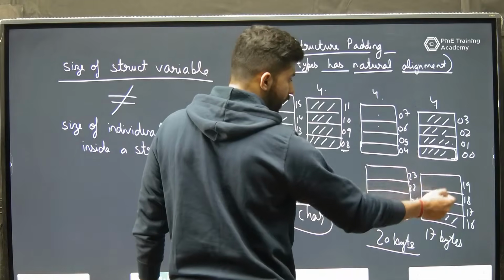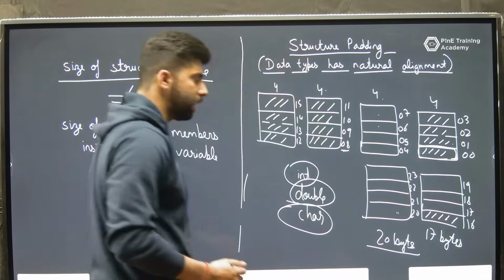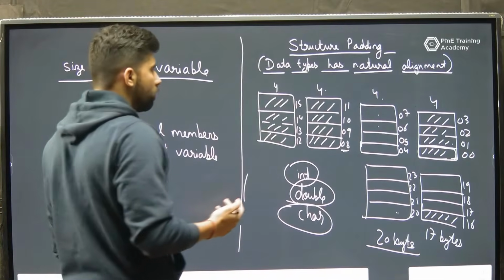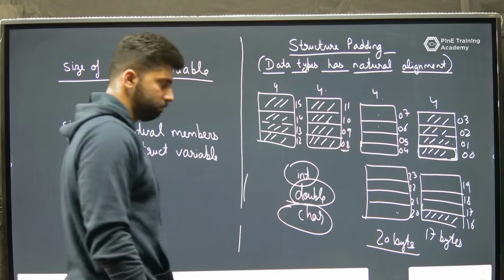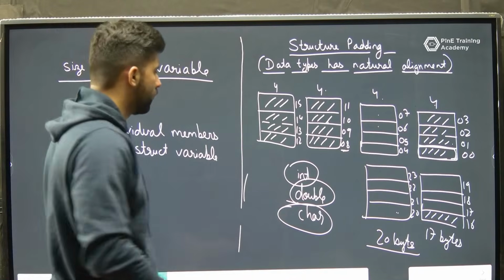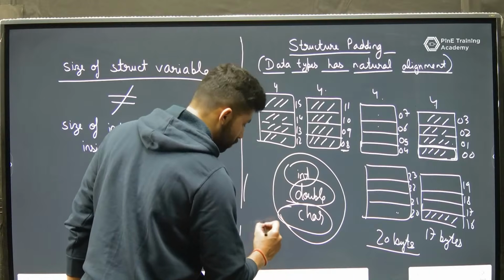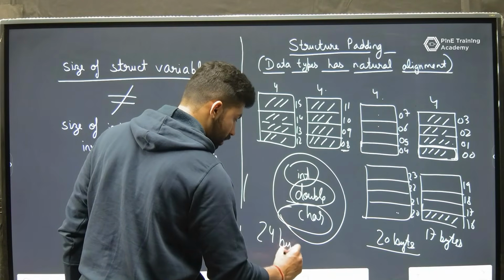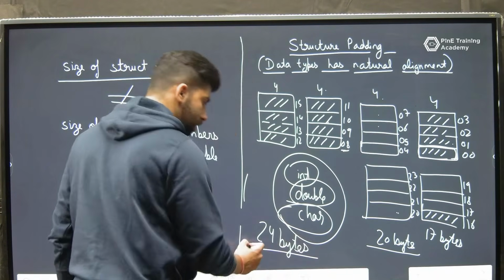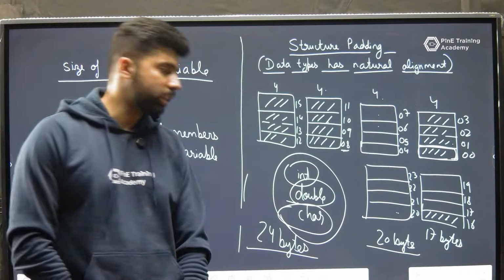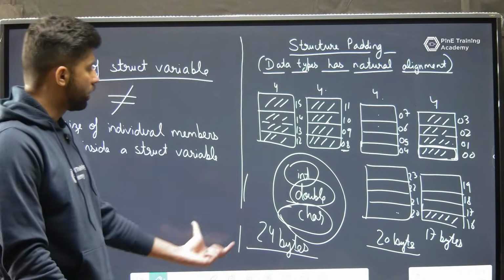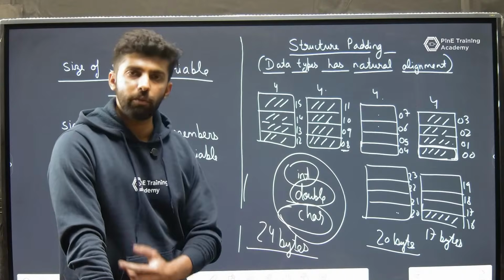So some of you might be considering that this part will be added as padding. So we have 20 bytes in all. But the answer in this case will be 24 bytes.